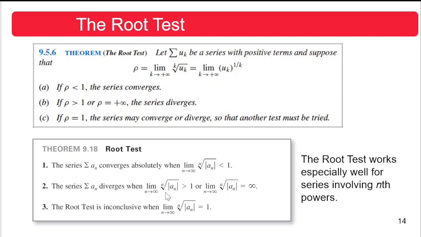But if that limit is greater than 1 or equal to infinity, then the series diverges. Also, if that limit is equal to 1, then the root test is inconclusive.